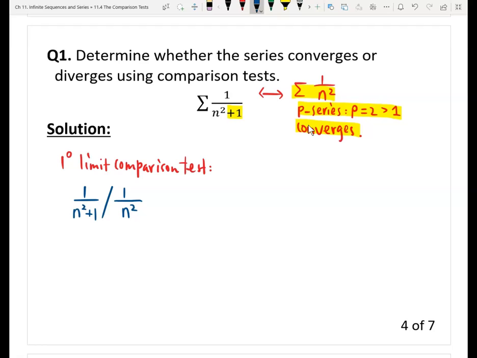Can you look at the limit? And you know how to do it. Let me simplify a little. Dividing by a fraction means multiplying by the flip, so we have n squared over n squared plus 1.